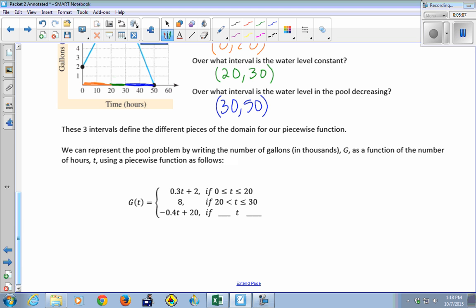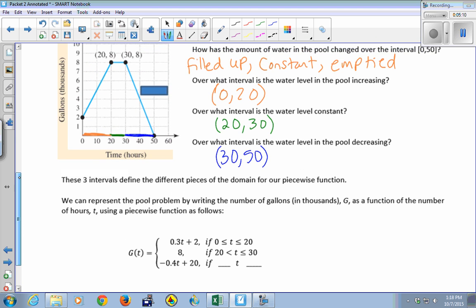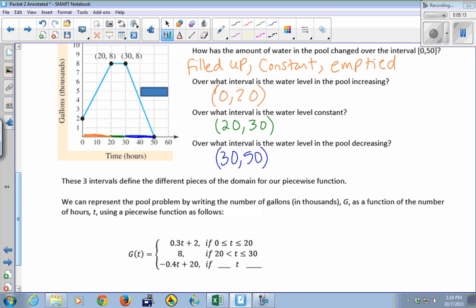So you list the three different formulas, and then the last piece is to list what domain those formulas apply to. Okay? So the 0.3t plus 2, that applies to the orange domain, which is from 0 to 20. T's from 0 to 20. So you use this formula, 0.3t plus 2, if t is between 0 and 20. You use the 8 formula when you're in the green domain, and this is just describing the green domain with an inequality.